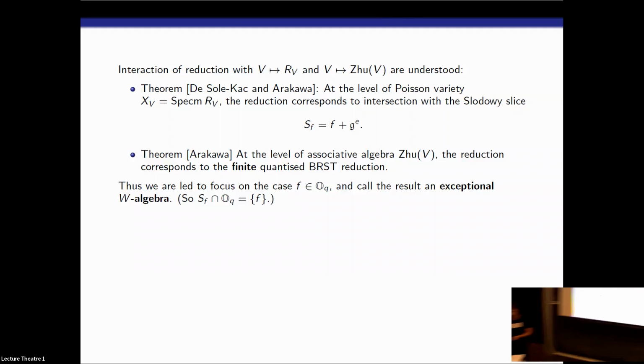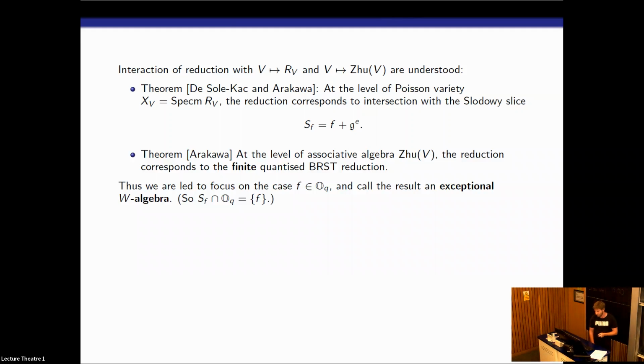So again, this terminology is not quite the same, as I think it was Kac and Wakimoto who introduced the term exceptional W-algebra. There are some other conditions. What I'm going to call an exceptional W-algebra here means just this condition, that f lies in O_q, which is somehow more general. I think it contains all the cases. So your definition is exactly that f lies in O_q?